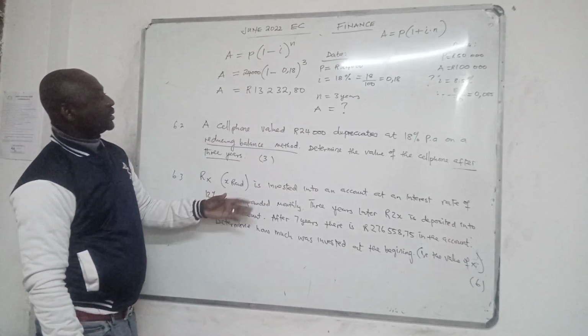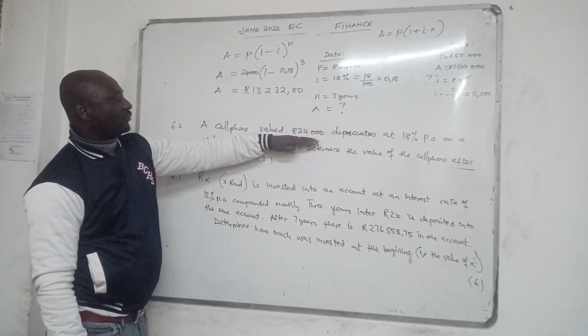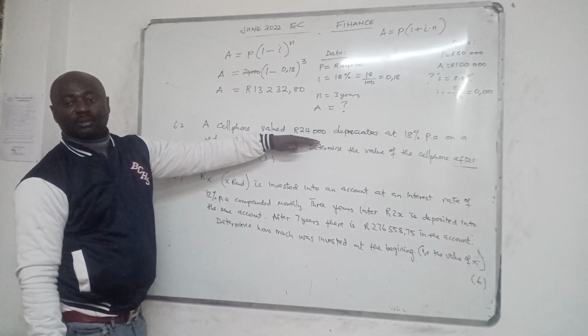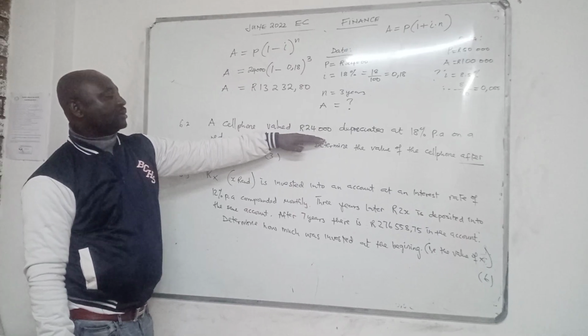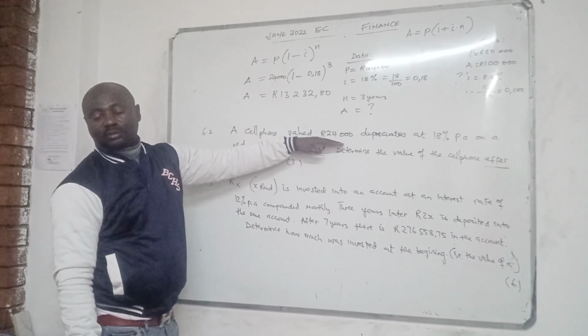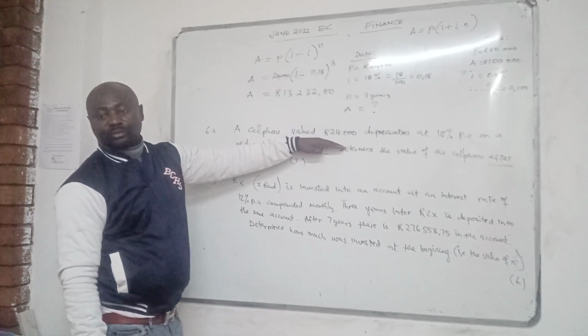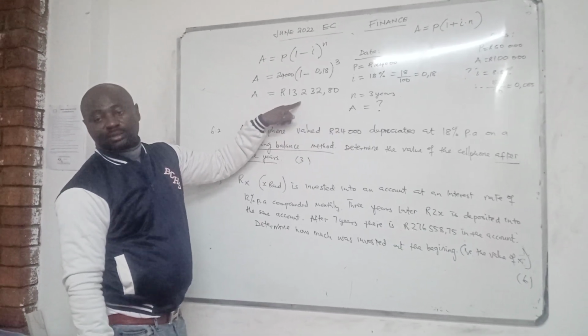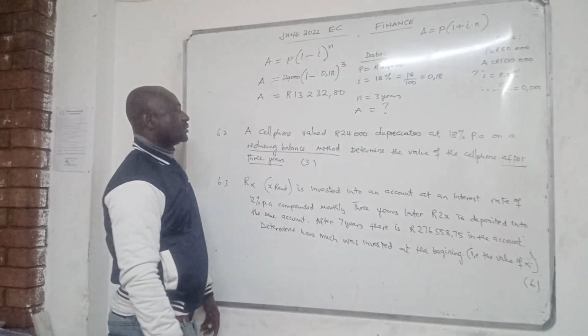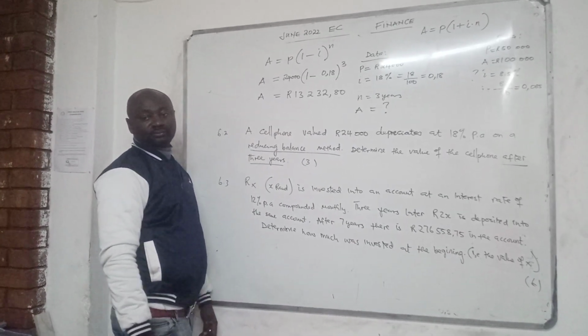Now, what it means is that this cell phone was bought for 24,000, but because the person used it, when you want to go and sell it, the value of the cell phone now will be 13,232.80. That's all they wanted.